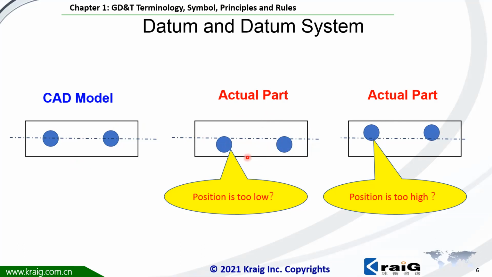If we use this as a datum, then that means here is too low, right? And if you rotate these parts and use this surface as a datum, then the position of these two holes is too high. So from here, we know datum is so important for us to measure the parts properly.